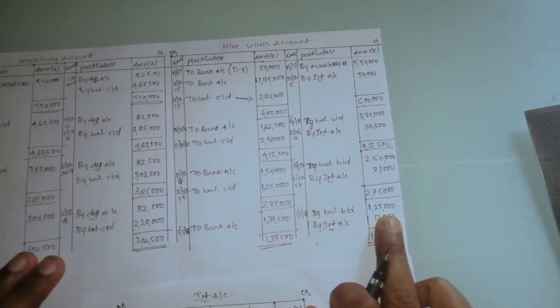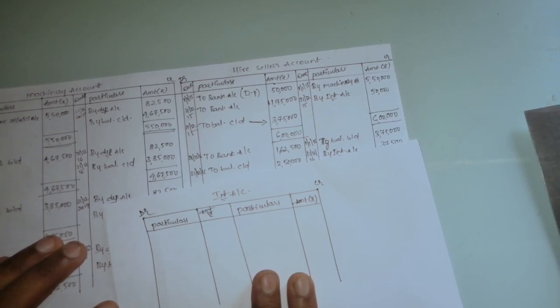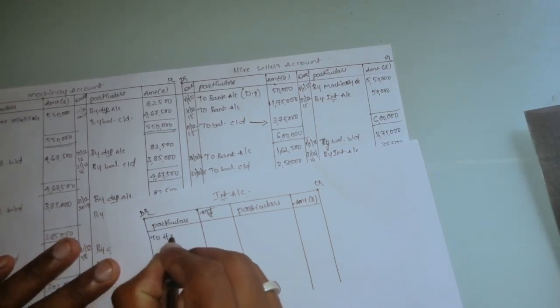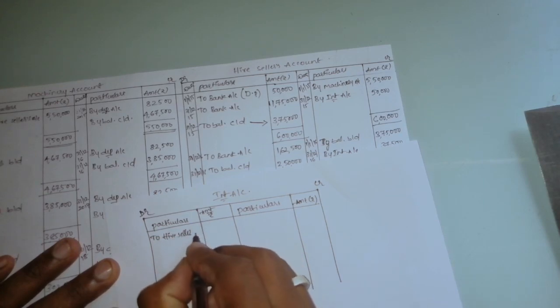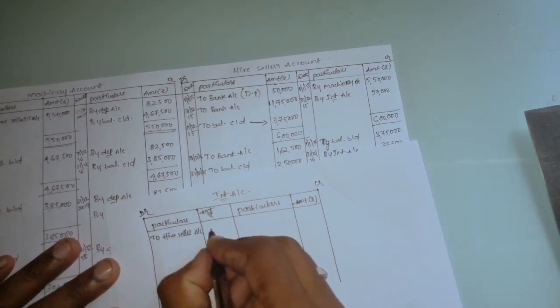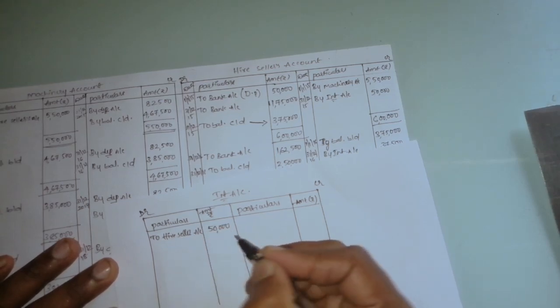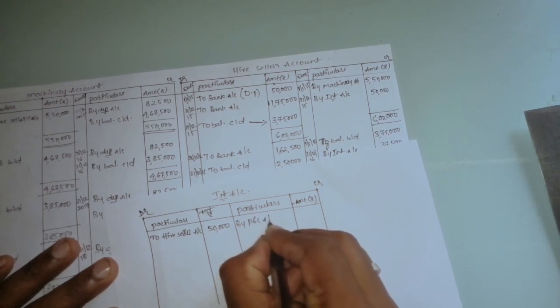Interest is paid to whom? To the hire seller account. How much was paid in the first year? 50,000. This interest will be transferred to the profit and loss account.